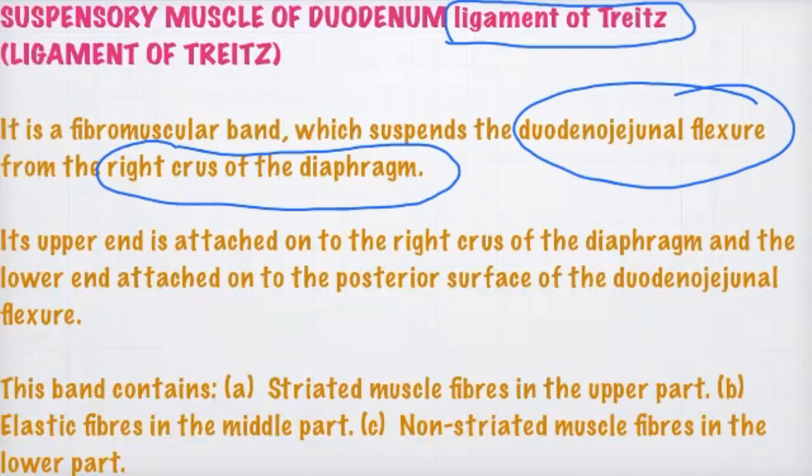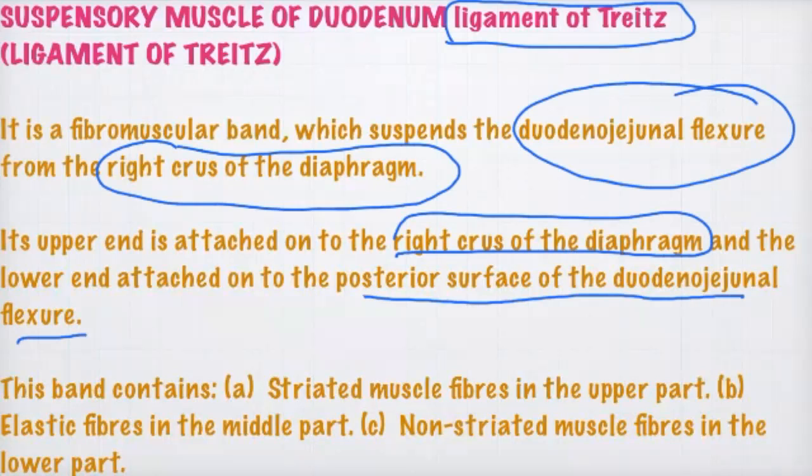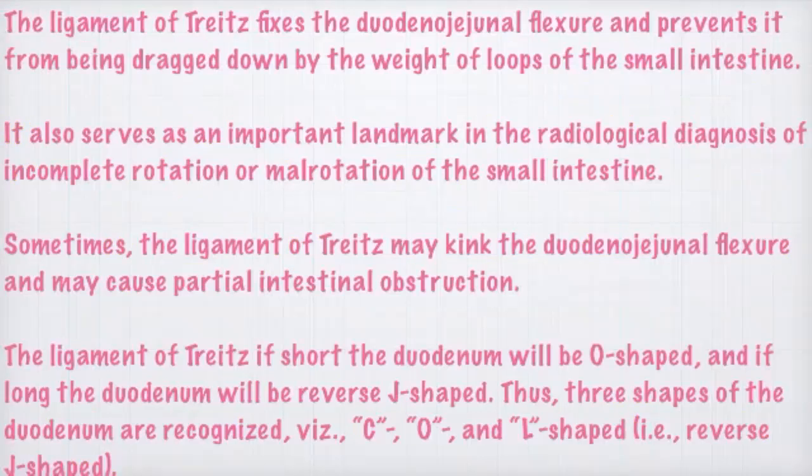The ligament of Treitz fixes the duodenojejunal flexure and prevents it from being dragged down by the weight of loops of the small intestine. It also serves as an important landmark in the radiological diagnosis of incomplete rotation or malrotation of the small intestine, right? Sometimes the ligament of Treitz may kink the duodenojejunal flexure and may cause partial intestinal obstruction.